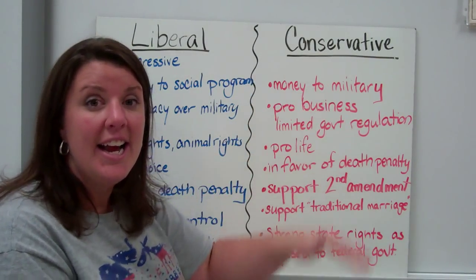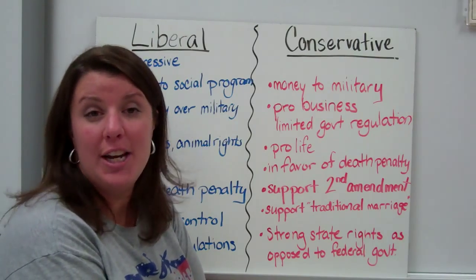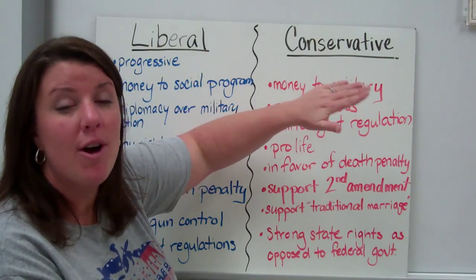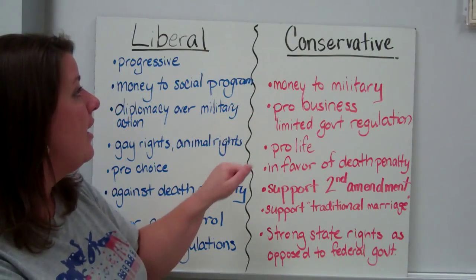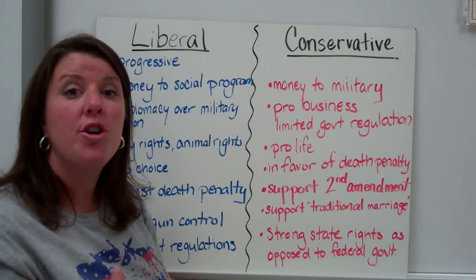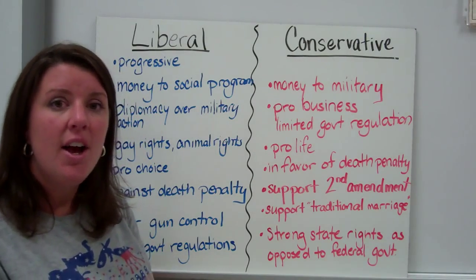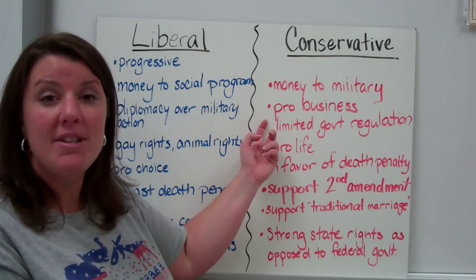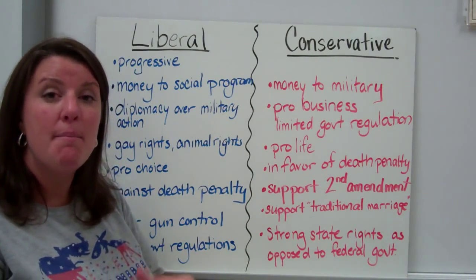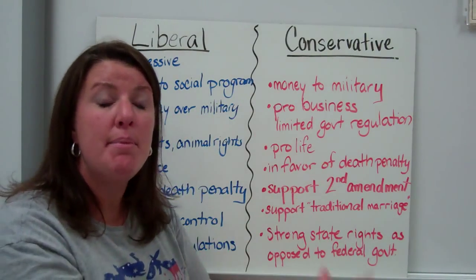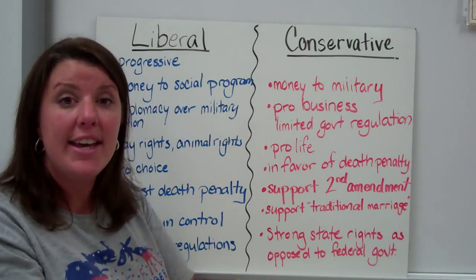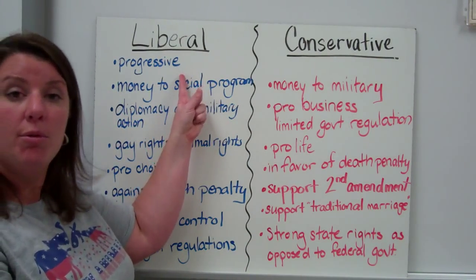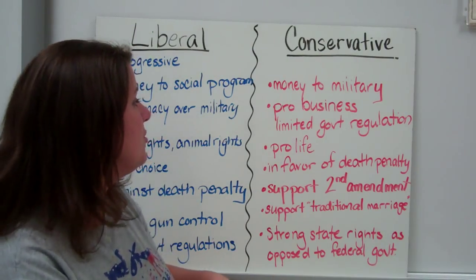Strong military. All right? Conservative, so you're thinking about your Republican presidents, they would want to build up the military. Ronald Reagan, key president for doing that. If you're a conservative, then you're going to say pro-business. All right? Look at the presidential debates that we've seen. Mitt Romney saying, we have to give the money to the businesses and then let the businesses stimulate the economy, and they can be the ones to hire more people, as opposed to a liberal who might say, well, it's the government's job to do that.